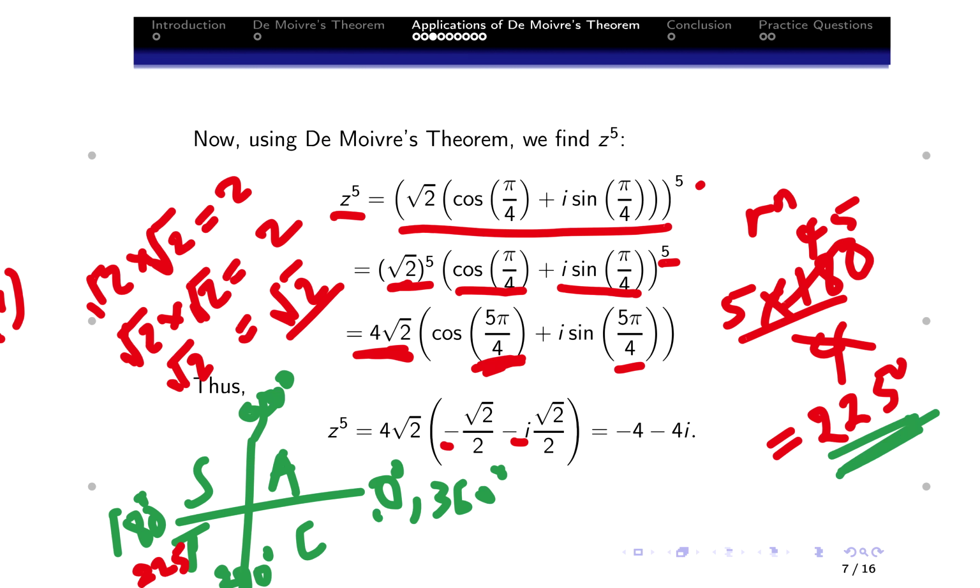To know that, you say 225 minus 180, and that is simply 45 degrees. So 225 in the third quadrant coincides with 45 degrees in the first quadrant. But because sine and cos are negative in the third quadrant, you have minus, minus.